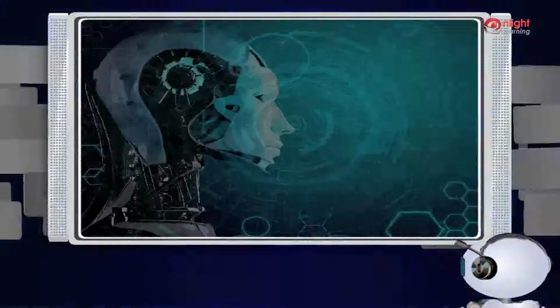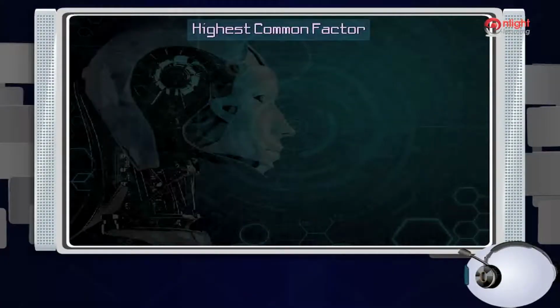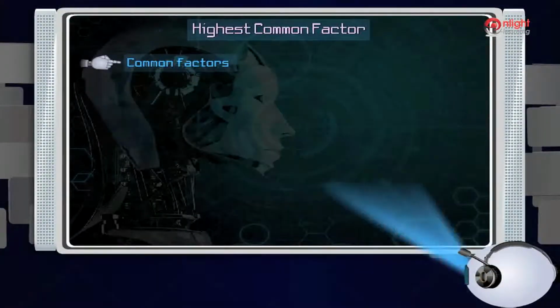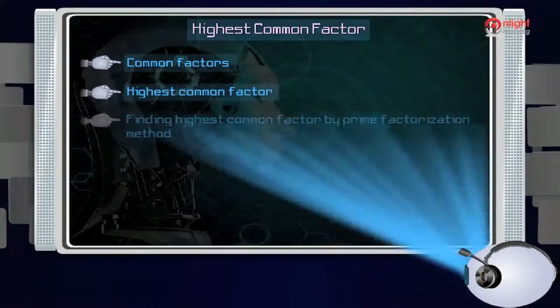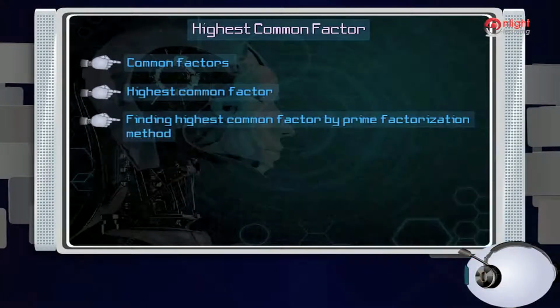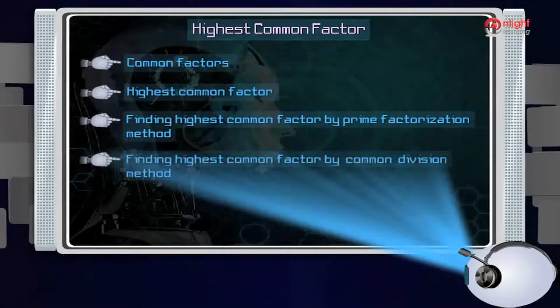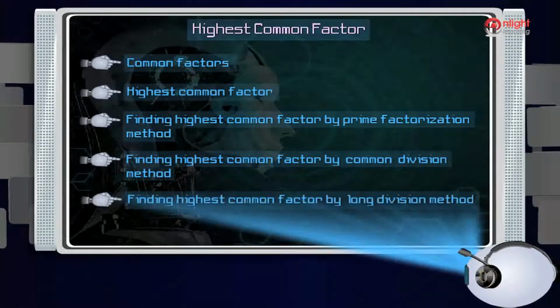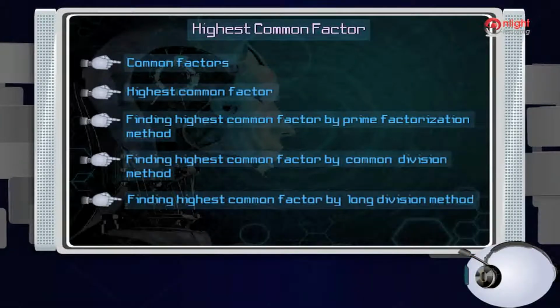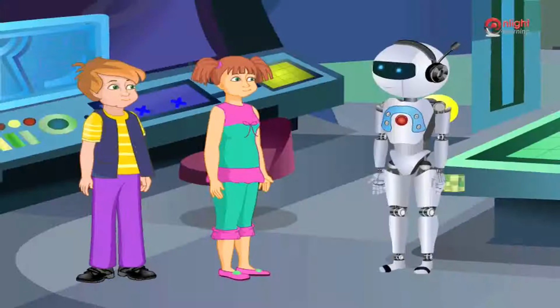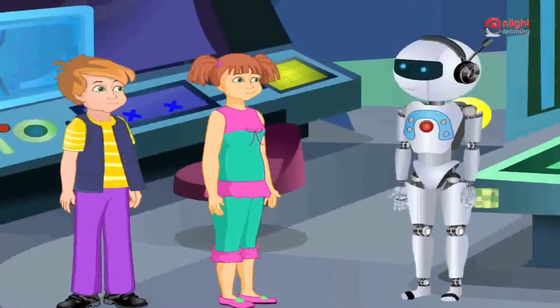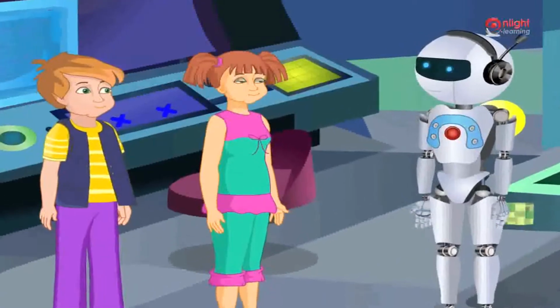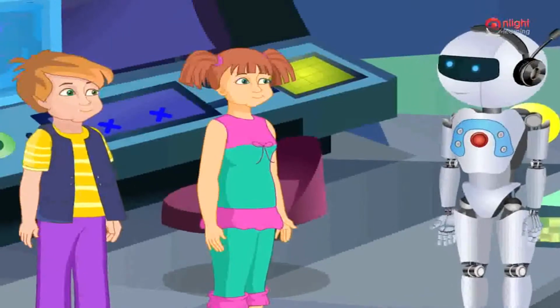In this session, we could learn about common factors, highest common factor, finding highest common factor by prime factorization method, finding highest common factor by common division method, and finding highest common factor by long division method. We have already learned that the factor of a number is an exact divisor of that number.